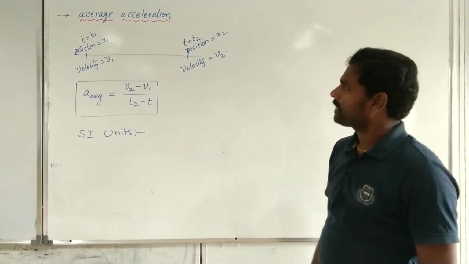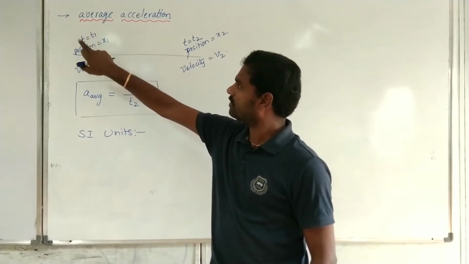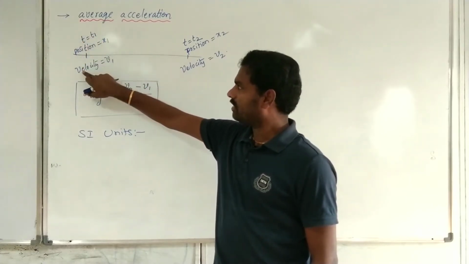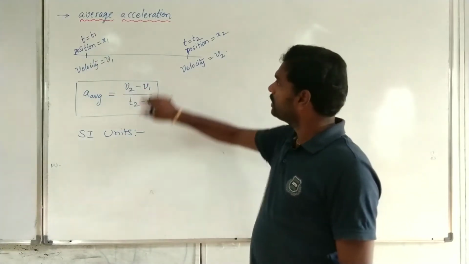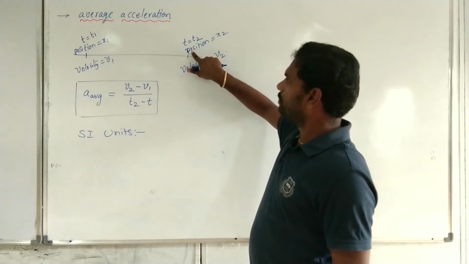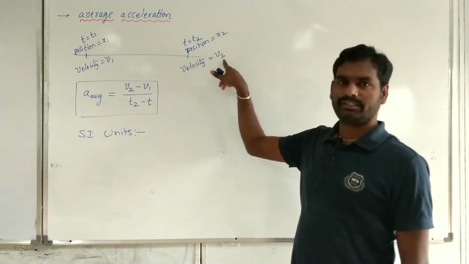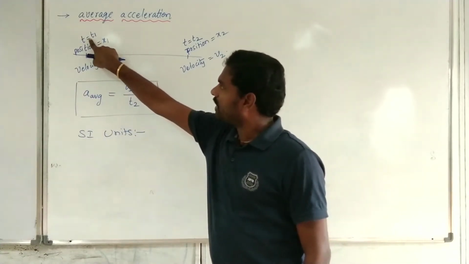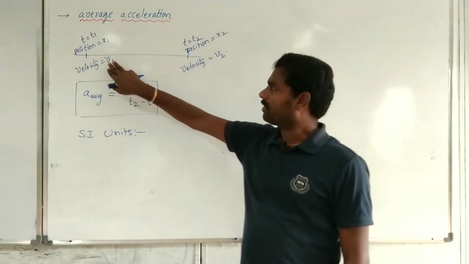Students, see here, at time t equal to t1 seconds, the position of the particle is x1 and let the velocity of the particle be v1, and at a later time t equal to t2, the position is x2 and let the velocity be v2. In the time interval t1 to t2, the velocity is changing from v1 to v2.